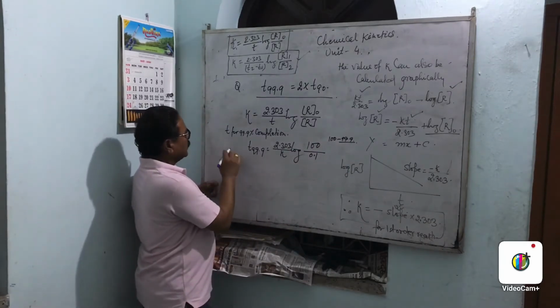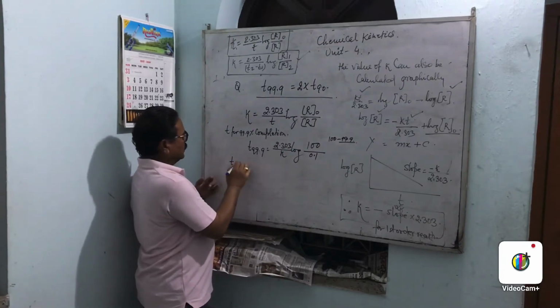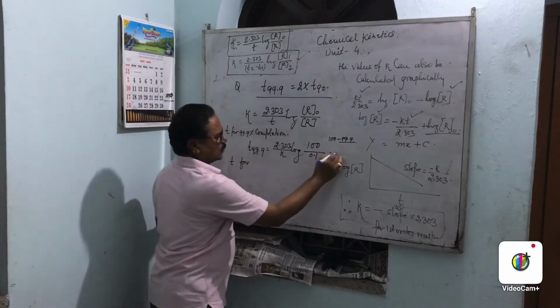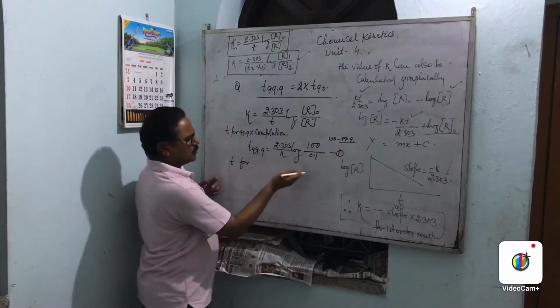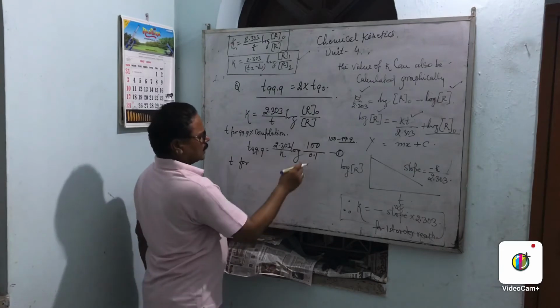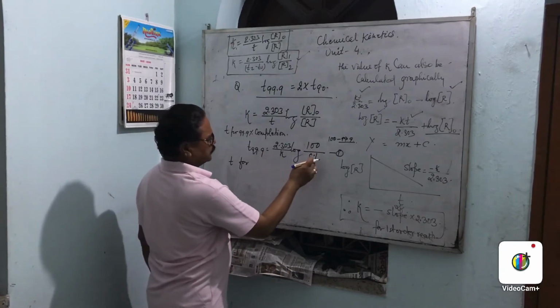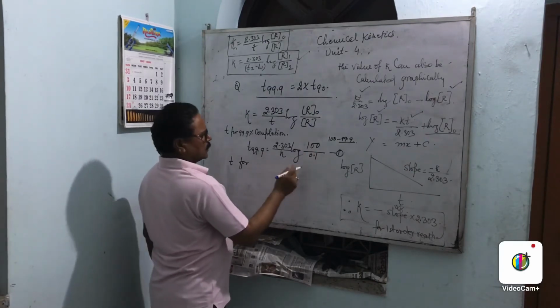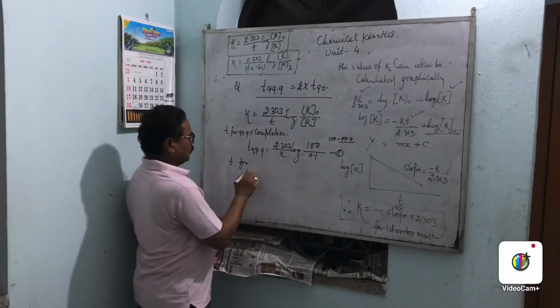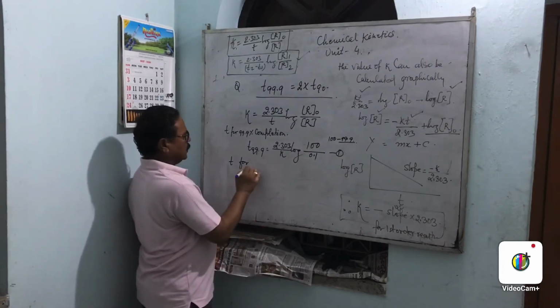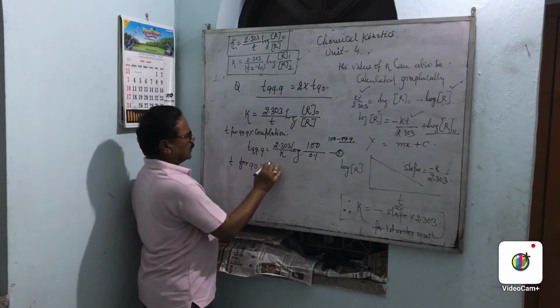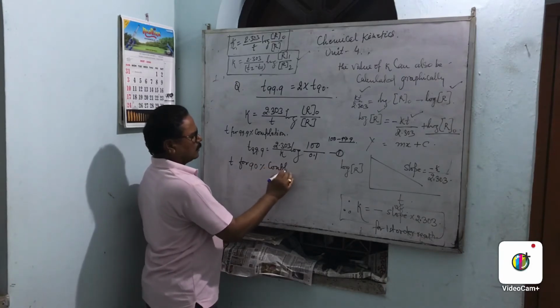Now time required, T for 99.9%, this is equation 1, so it can be solved easily. That comes to be 10.3 by k. Now we take the time for 90% completion. We calculate it.